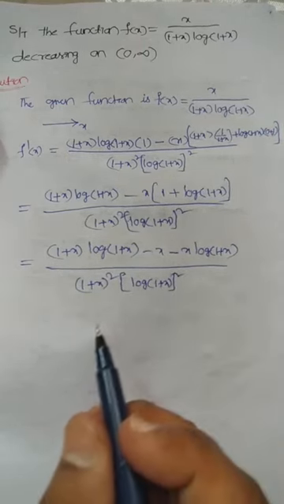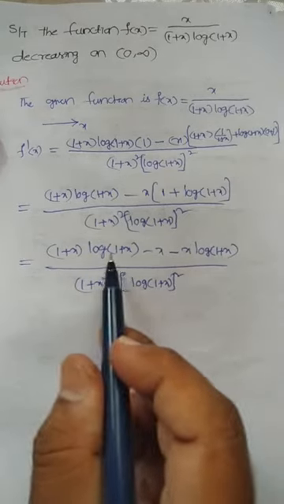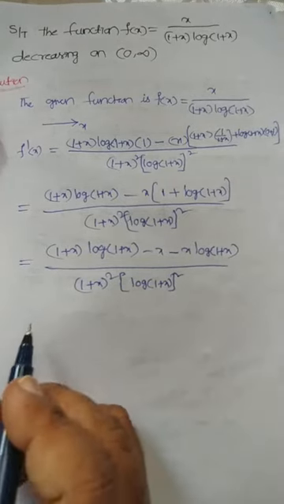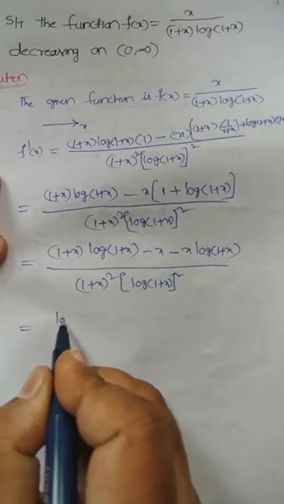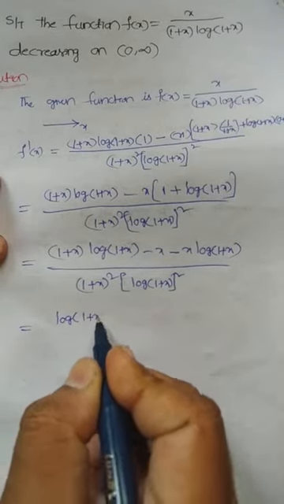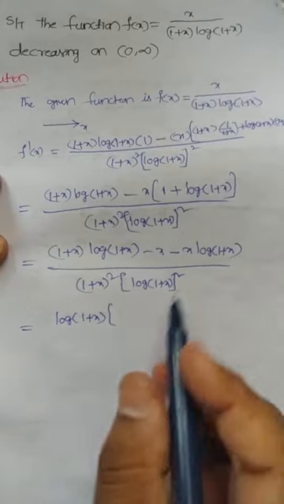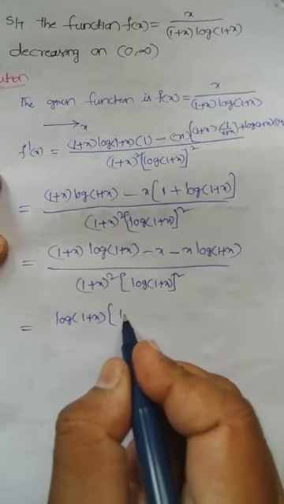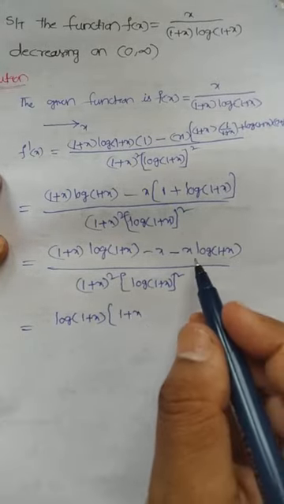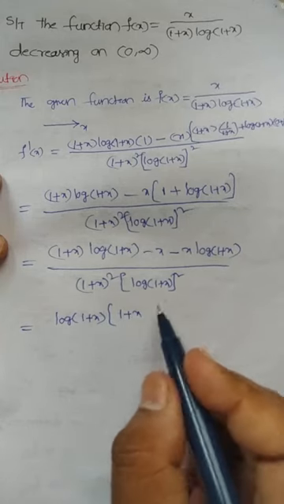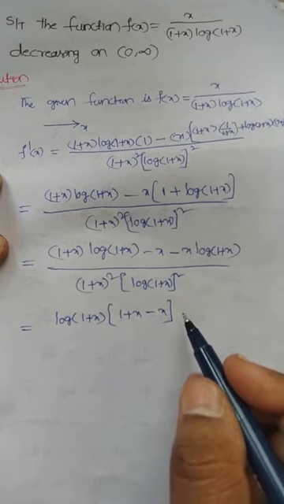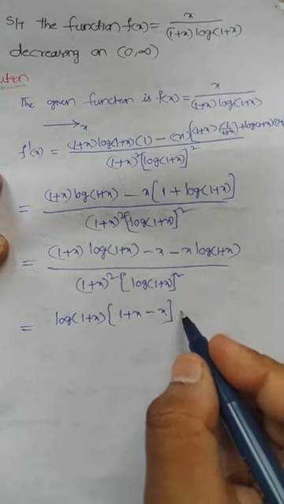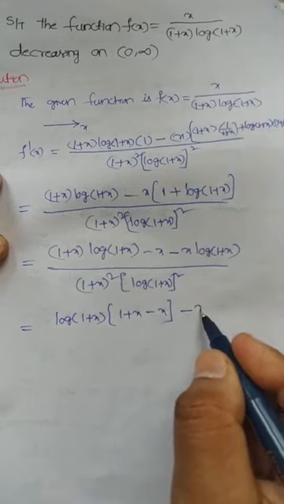From these two terms, log of 1 plus x is common. If I take log of 1 plus x common from the first and last term in the numerator, I would get 1 plus x here, and here minus x. Are you following or not? Clear?